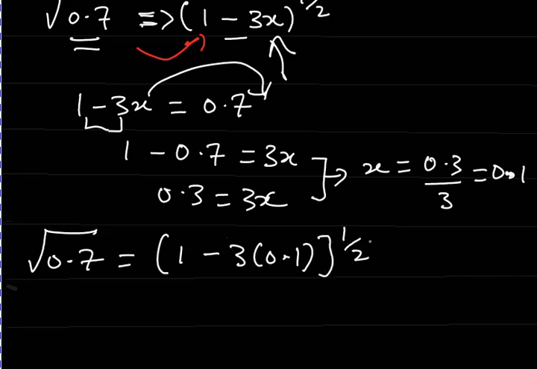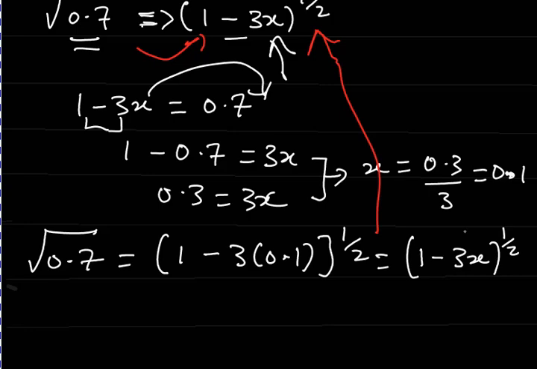I'm going to use this binomial expansion to evaluate. In the binomial expansion, what we have was 1 minus 3x raised to the power of half. So any place I'm seeing x now, I'm going to insert 0.1 to it.